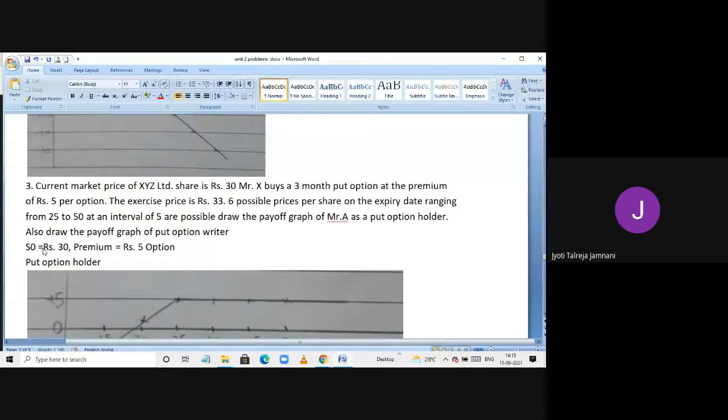It is a put option. Okay, then the exercise price is rupees 33. So exercise price is equal to rupees 33. Okay, I'll write this 6 in words, otherwise you may feel it is 33.6.